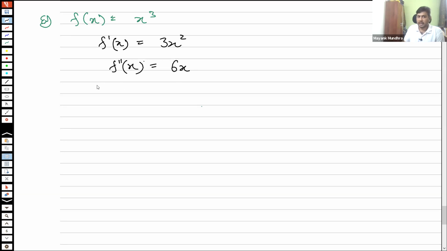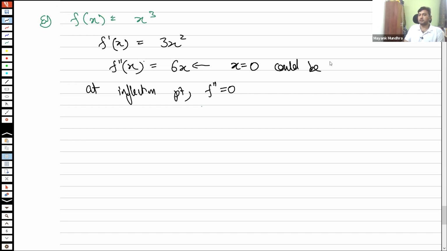So obviously at inflection point, f double prime must be 0. So here I get that x equals 0 could be an inflection point. Why am I writing could be? Because it's not necessary that if f double prime is 0, then it's an inflection point. Why will become clearer when I reach the next example. But here, how do I check for certain if it is an inflection point?